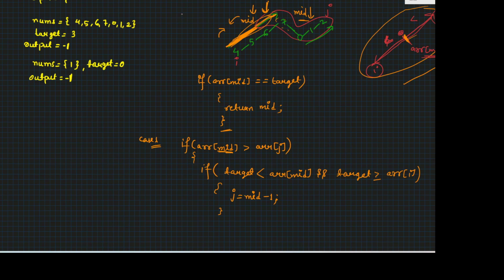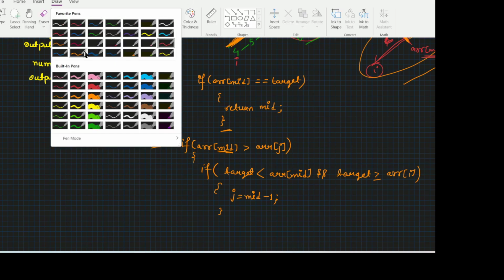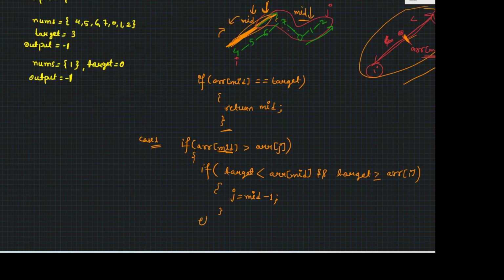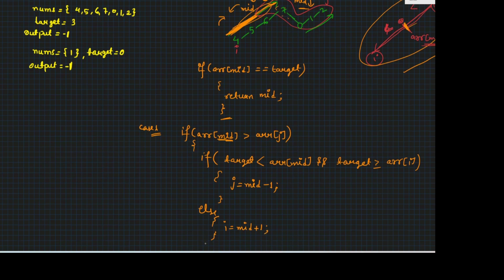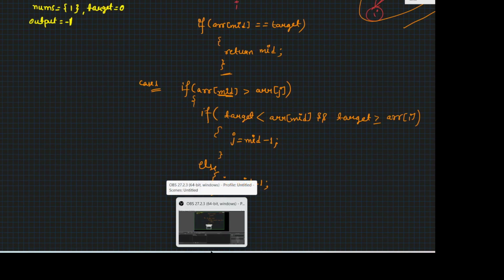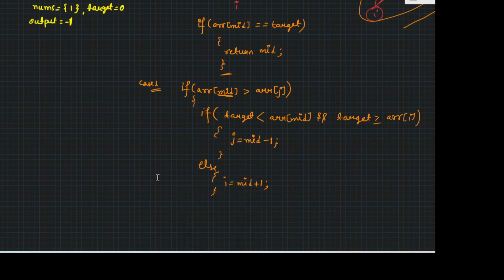In the else part we will set I is equal to mid plus 1, because this condition is false, which means that our target lies right of the mid index. Okay, this will be case 1.